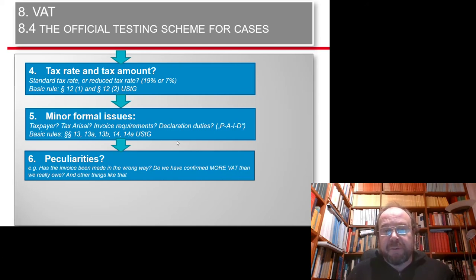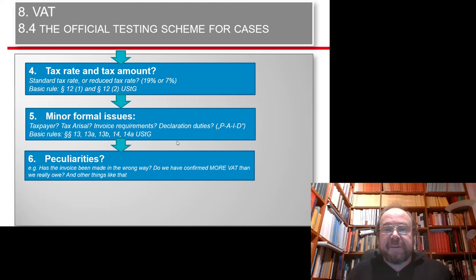Well, sometimes you are not fully through with the case. It might be that some special aspects show up which the testing scheme up to now could not cover. That could, for example, be that the business owner wrote the invoice in the wrong way. That is something you can only comment on and find out if you already know how the invoice should have been written, so not possible until phase number 4 of our testing scheme has been completed.